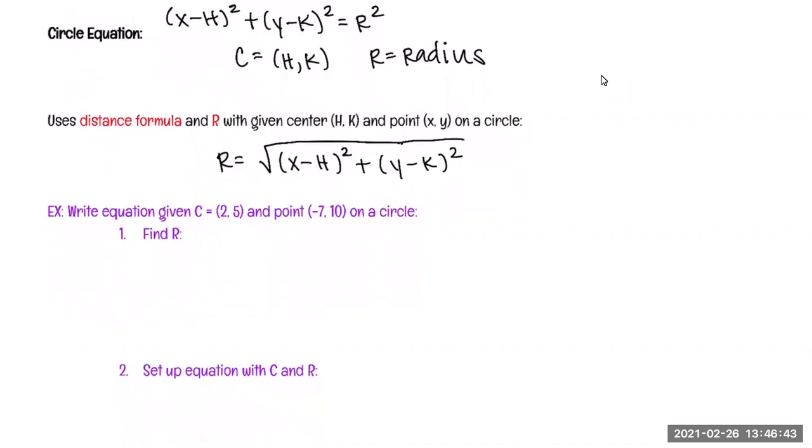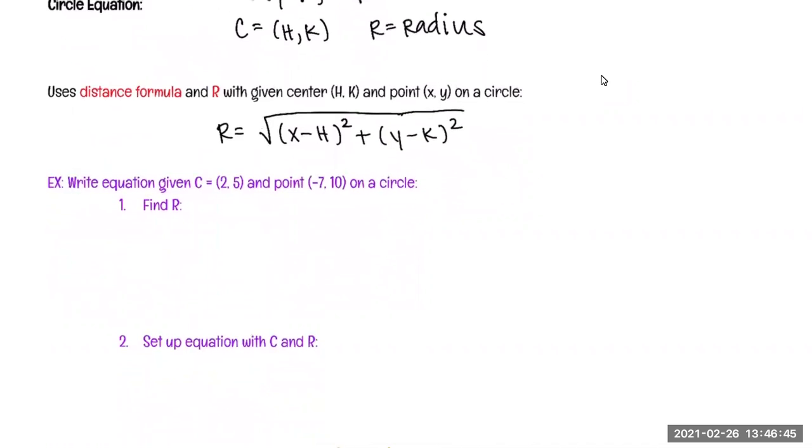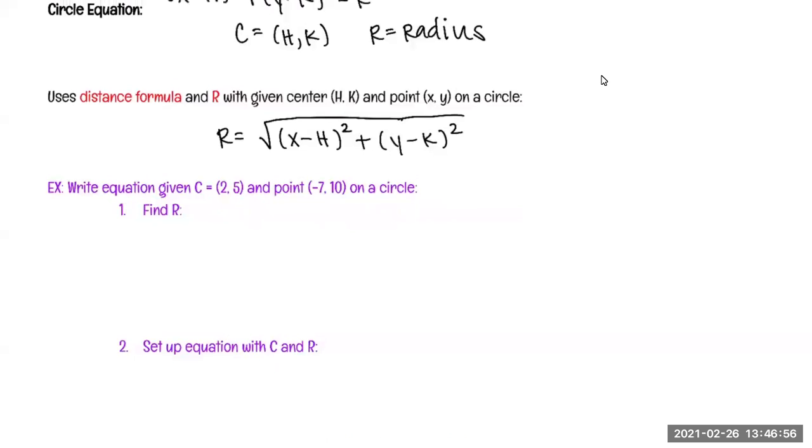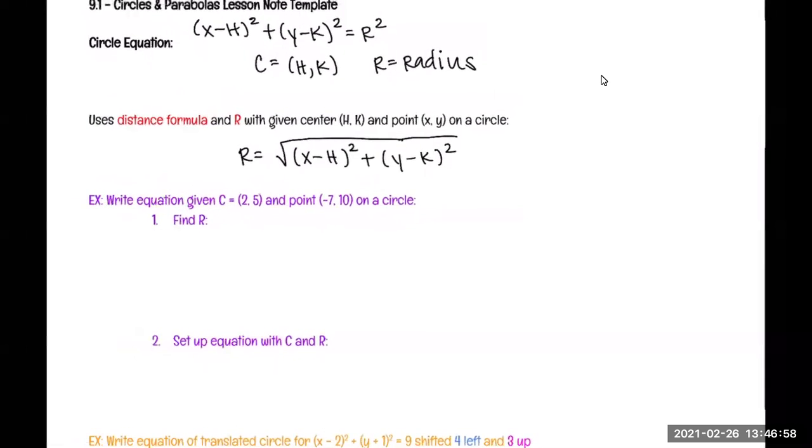So we're just going to do a couple of examples. The first one is you're given the center is 2, 5, and you're given a point on the circle, and we're going to find our r. So we can either use the equation of the circle first to plug in our x, our y, h, and our k, and then solve for r, or we could just straight plug it into the r equation with the square root.